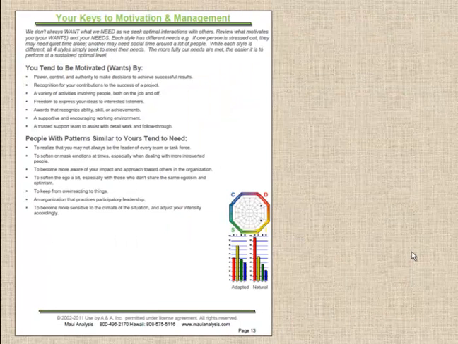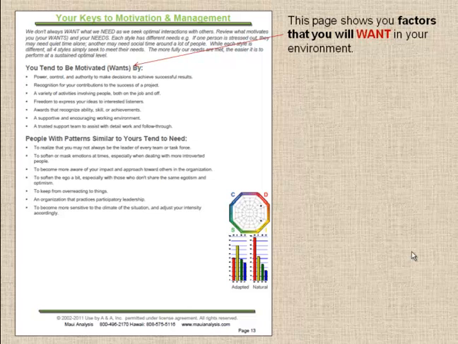This next page talks about the keys to motivation and management. It will show you what you want from your environment. Again, very helpful to you as you're determining what type of a position do I want to apply for? Where do I want to begin my career?